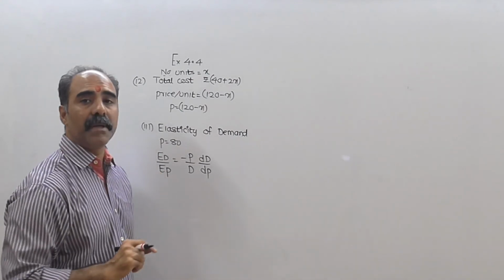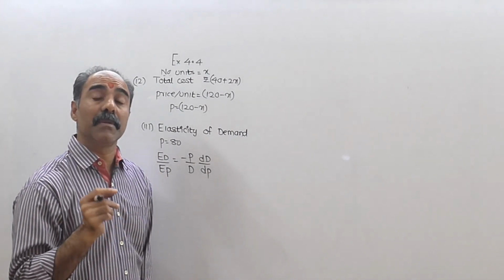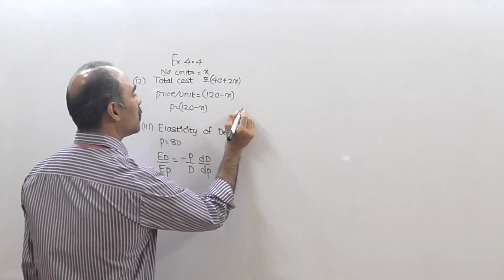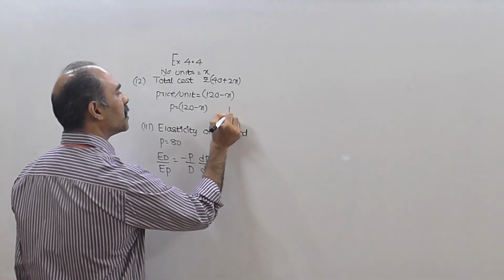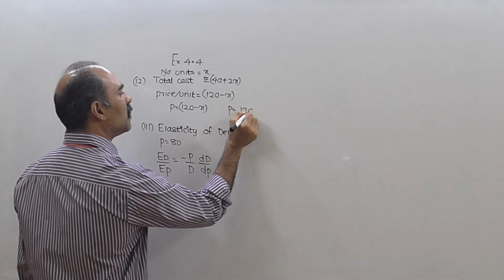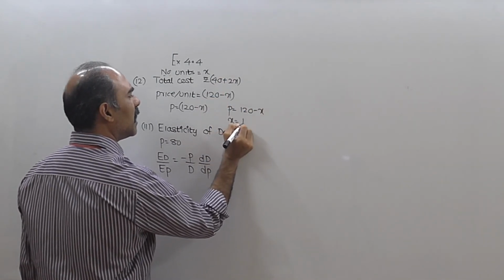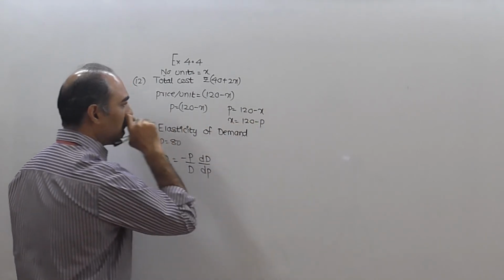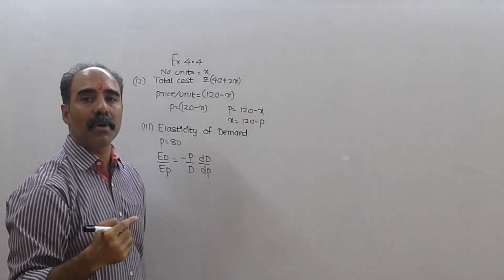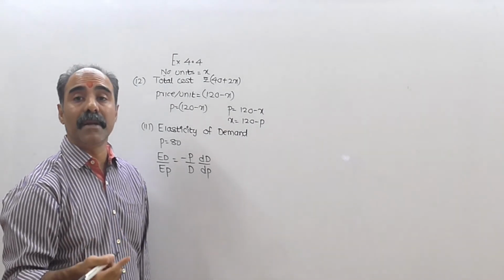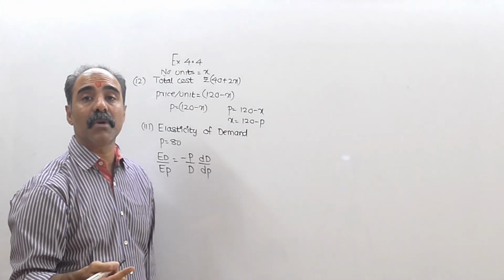What is the meaning of P? P is the price. What is the meaning of D? D is the units. So what you have to do is write this equation, P equal to 120 minus X; get that X to this side and take P to that side, because we have ED upon EP. What is D? D is the demand. Demand will be with reference to what?